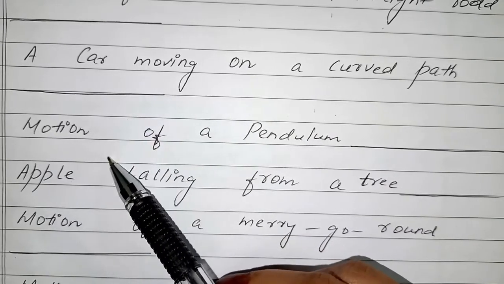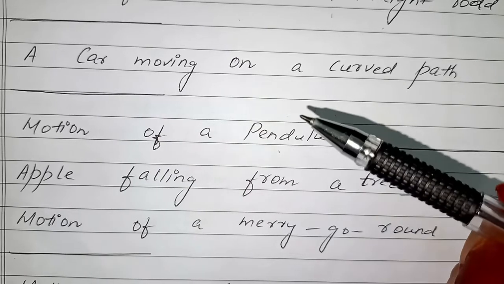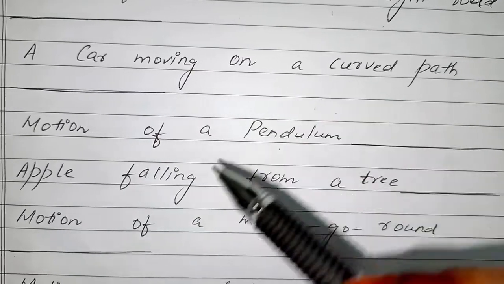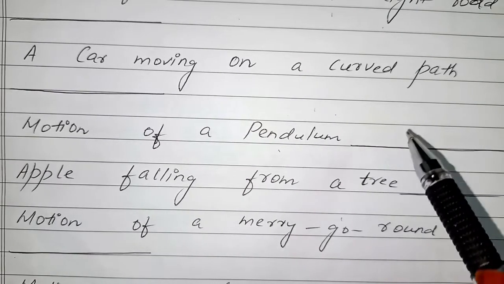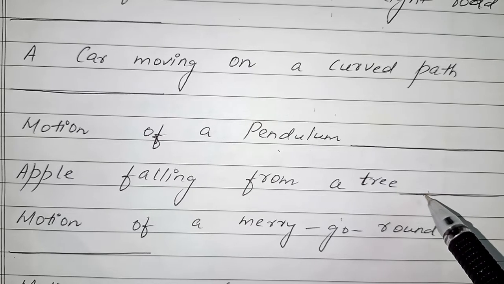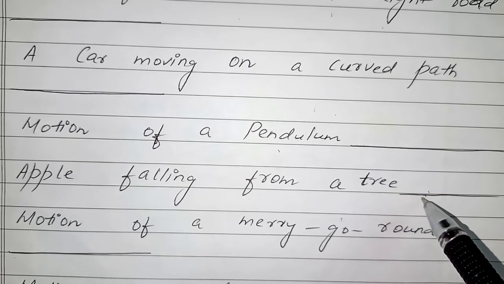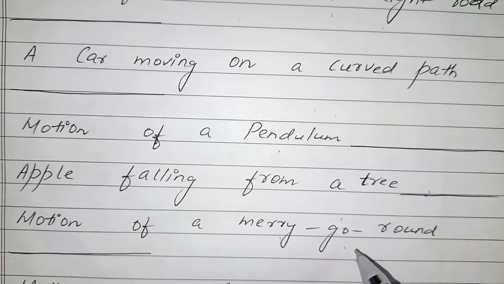Now the third one, motion of a pendulum. What will be the answer? It's an oscillatory motion. Next, an apple falling from a tree. The apple is falling in a straight line, so it is a rectilinear or linear motion. Number 5, motion of a merry-go-round.